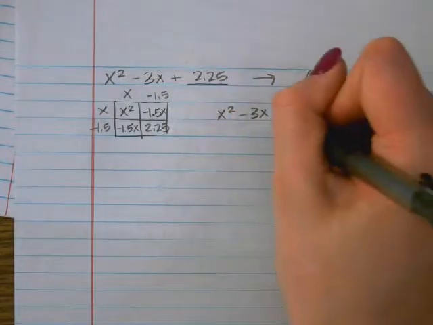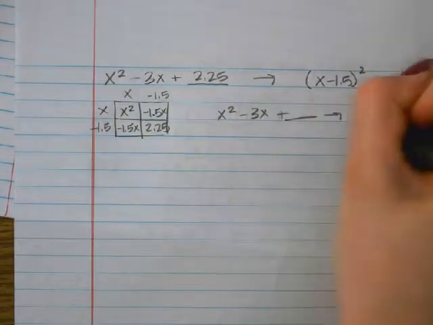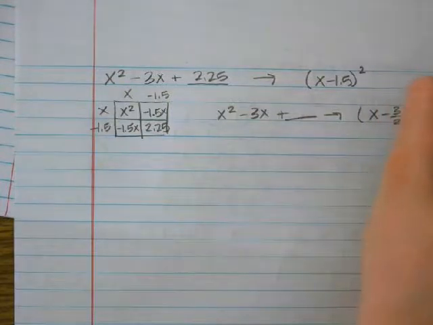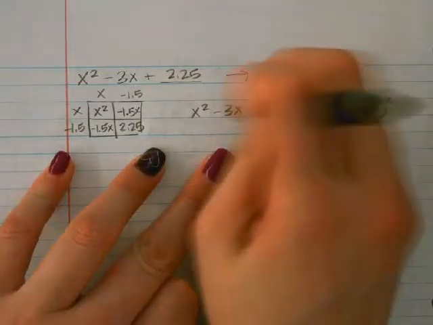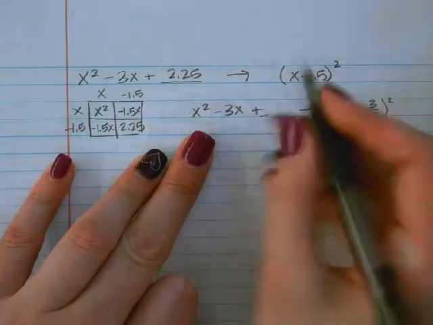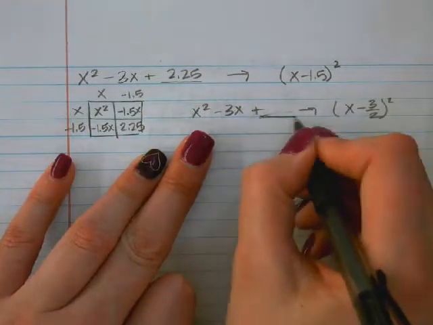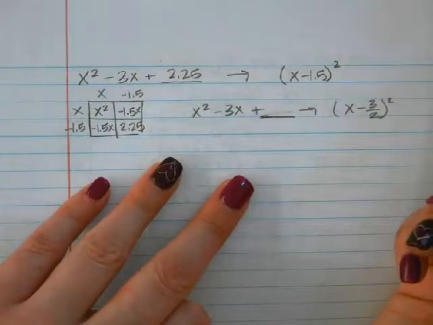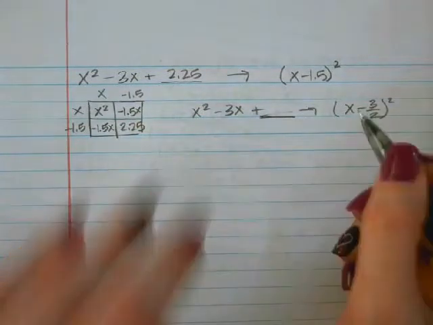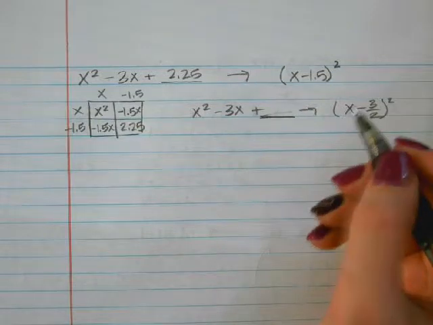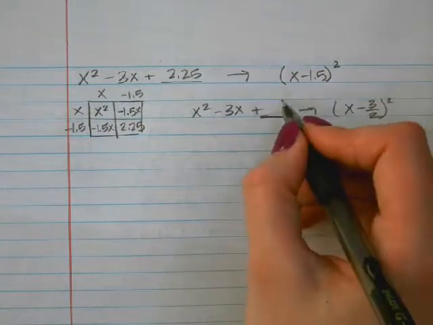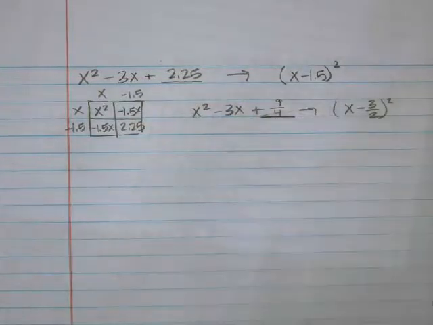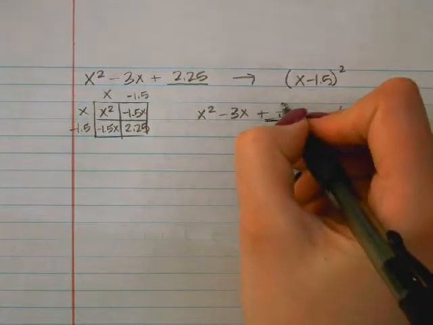Okay, so x minus 3 halves squared is what we have there. And then my blank is real slanty. And then what number completed the square in fraction form? So 2.25, if you turn it into a fraction, what do you get? 9/4. Okay. Perfect.